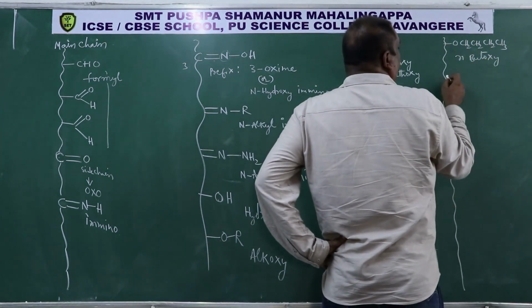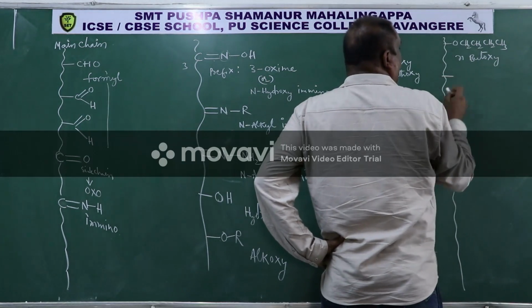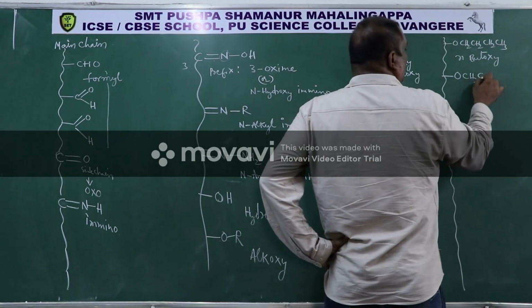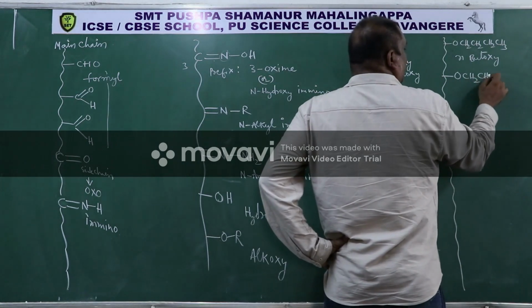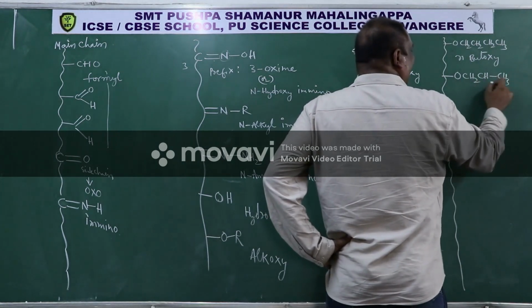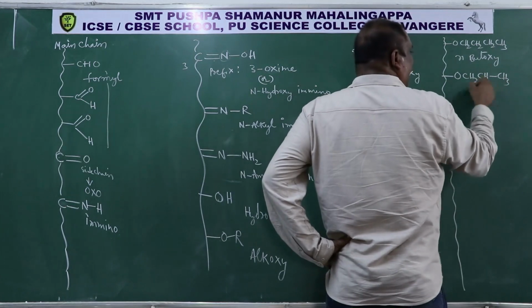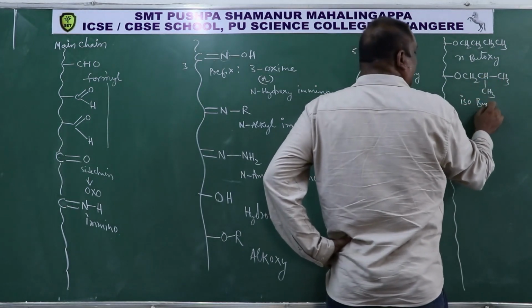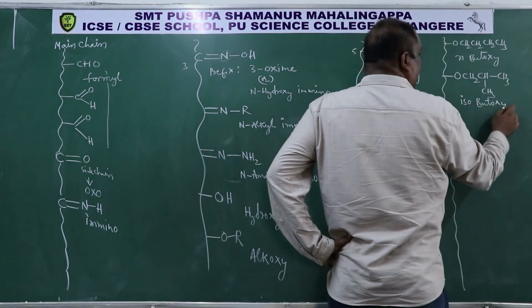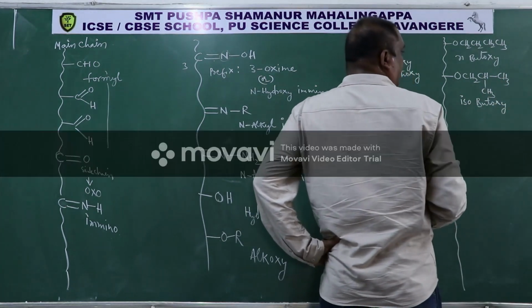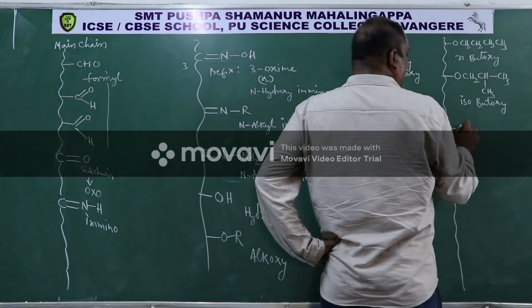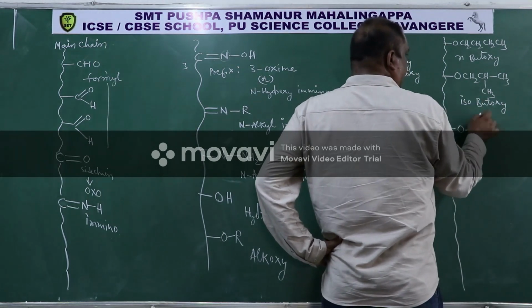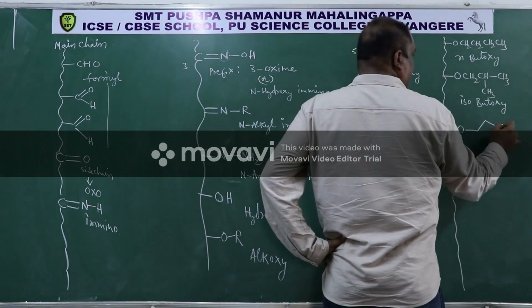So now O, CH2, CH3, here CH3. This is again a butyl group but an isobutyl group, therefore it is isobutoxy. This isobutoxy I can write also as a bond line, then this CH3 like this.